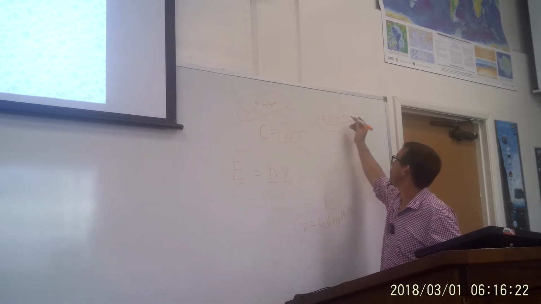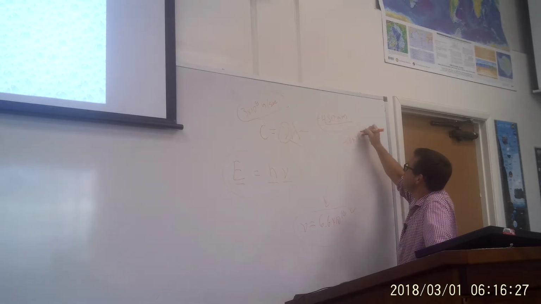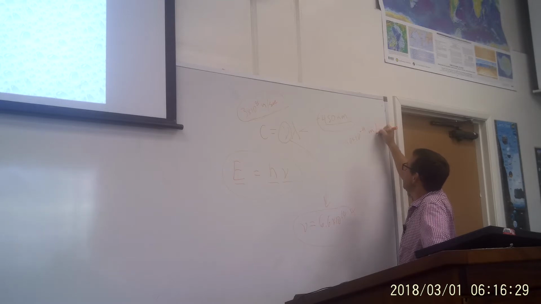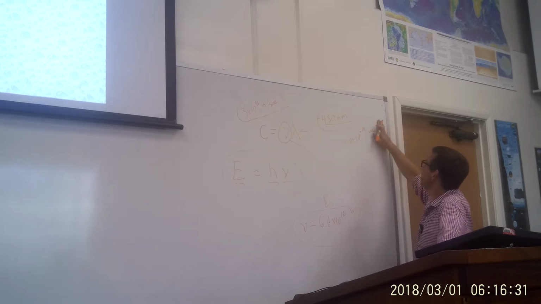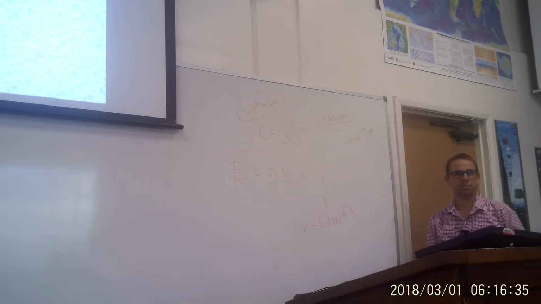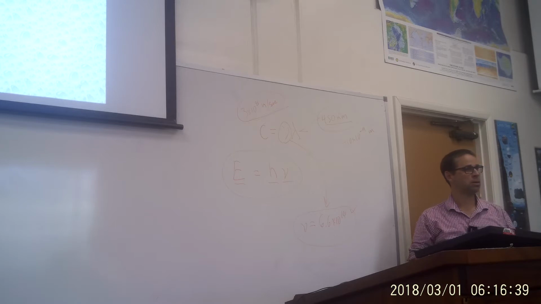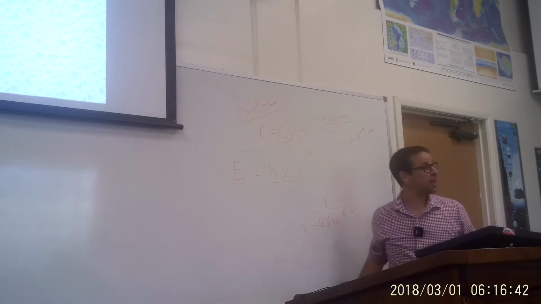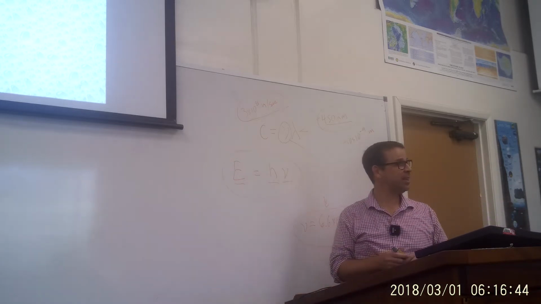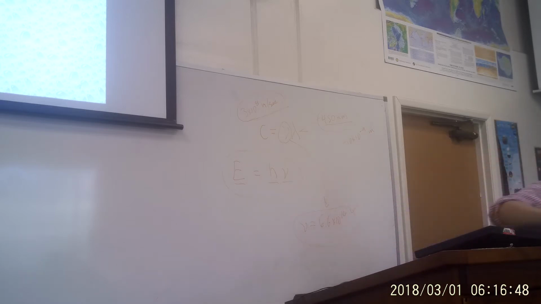So we have to do 450 times 10 to the minus 9. That's now in meters. And then we can get per second by dividing the speed of light by this. Still getting it? Oh, wonderful. Fabulous. Did anybody over here get it?